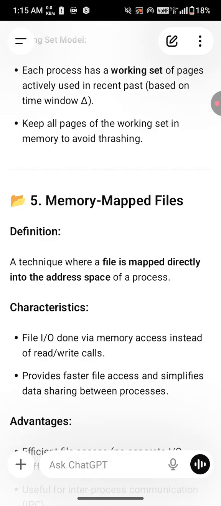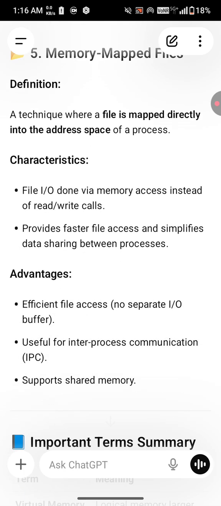Next, it provides faster file access and simplifies data sharing between processes. Now some advantages: efficient file access, meaning no separate input output buffer, and it is useful for inter-process communication, IPC.